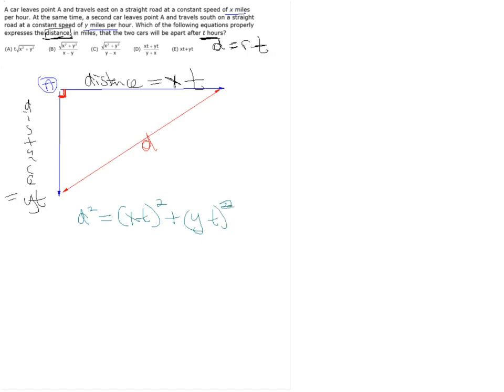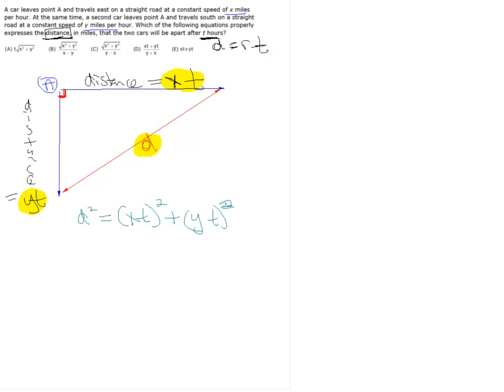Just remember, because distance is rate times time, we algebraically let the distance of this line be xt, and the distance of this line be yt. And if we're solving for the total distance, we can use the Pythagorean Theorem.